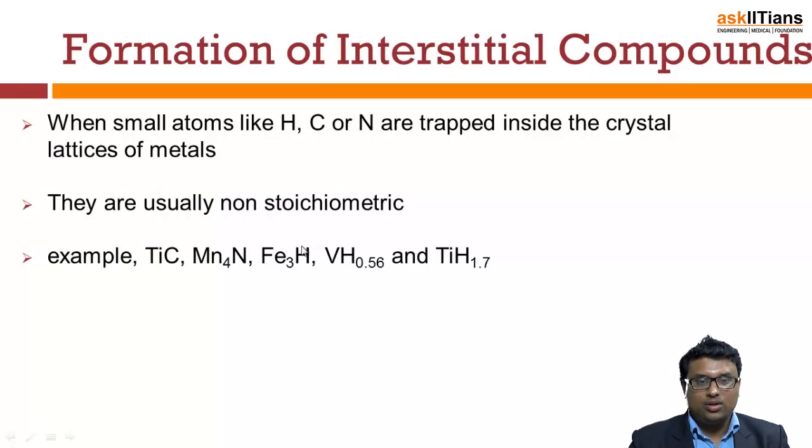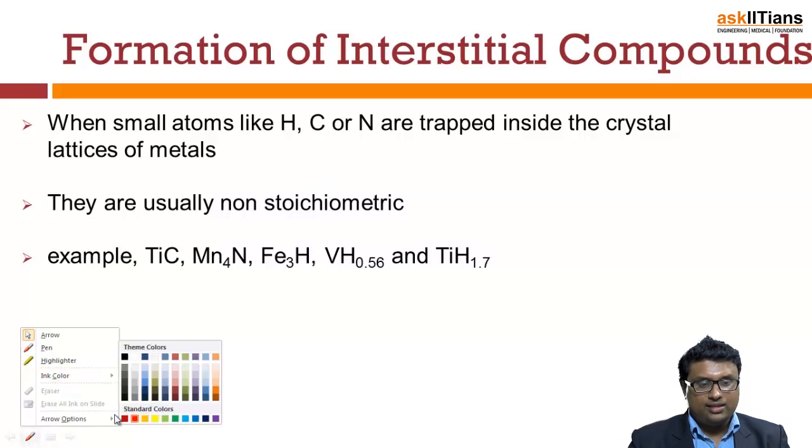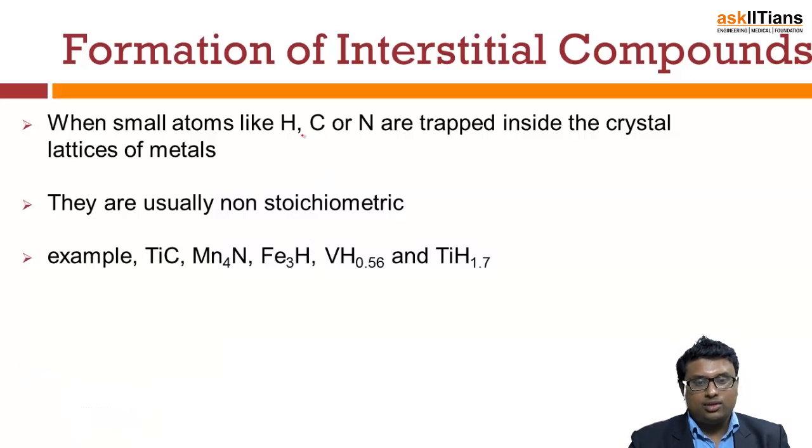Next, transition elements also form interstitial compounds. What happens is that small atoms like hydrogen, carbon and nitrogen can sometimes be trapped in the crystal lattices of the metals. Once they are trapped, the compounds become non-stoichiometric. You can see here vanadium and hydrogen 0.56.